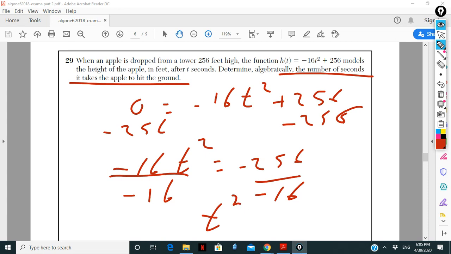So t squared equals 16. Taking the square root, t equals plus or minus 4. I'm accepting the positive value because there is no negative time.